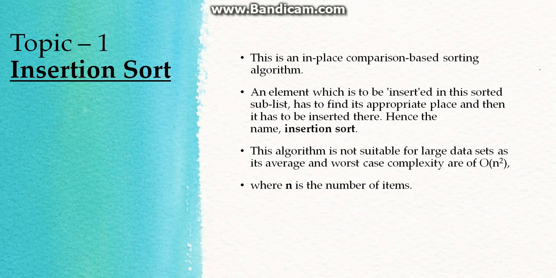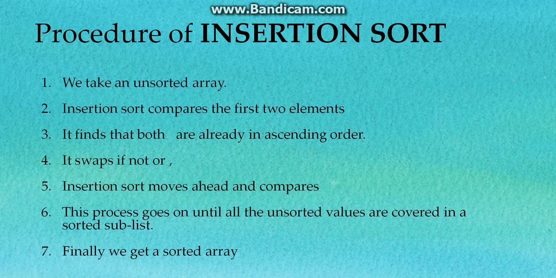The disadvantage of insertion sort is that the algorithm is not suitable for a huge number of data sets, as its average and worst case complexity is O of n squared, where n is the number of items. So let's get deeper with the insertion sort.